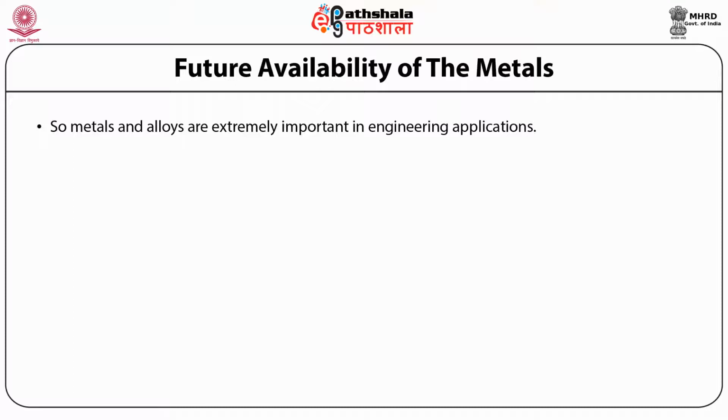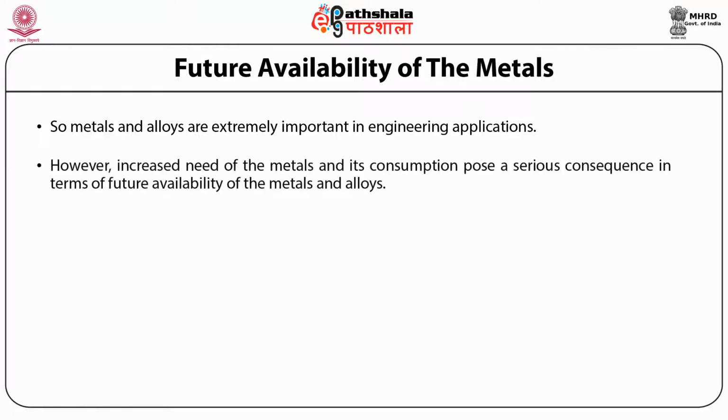So, students, we have explored and discussed that metals are extremely important in engineering applications. Now we will discuss the future availability of the metals. However, increased need of metals and their consumption poses a serious consequence in terms of future availability of metals and alloys.